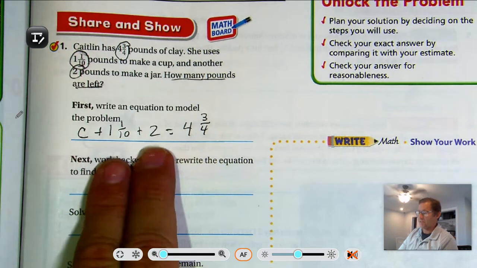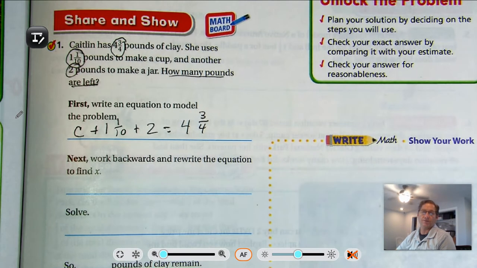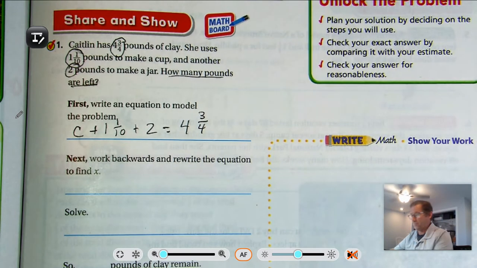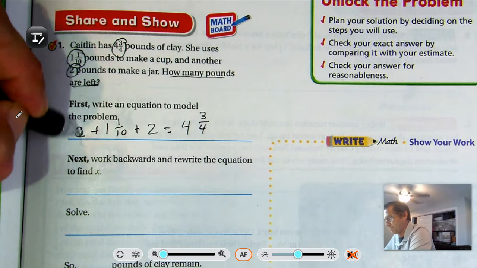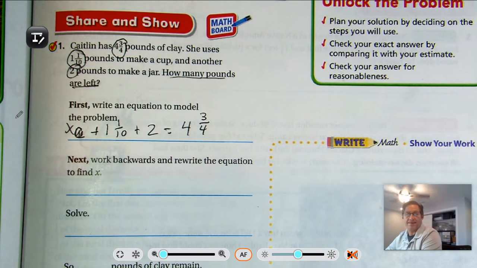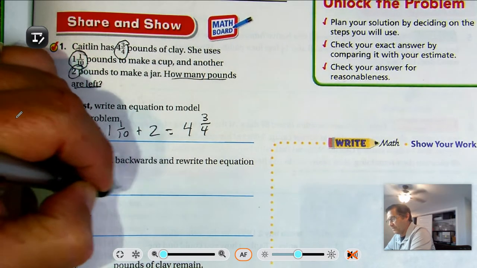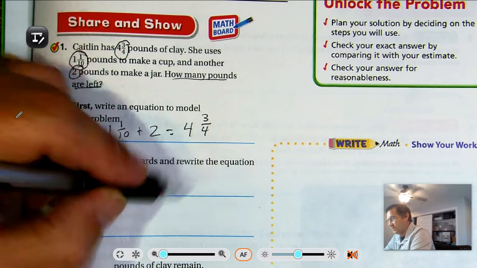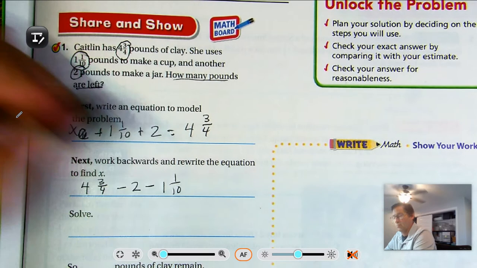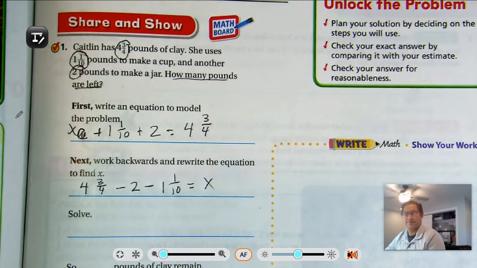Okay, so the two projects plus whatever's left equals 4 3/4. Oh, they wanted us to use x, sorry. So work backwards and rewrite the equation to find x. So 4 3/4 minus 2 pounds minus 1 1/10 pounds equals x.